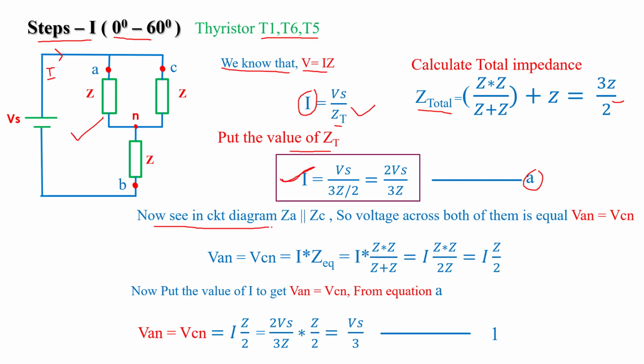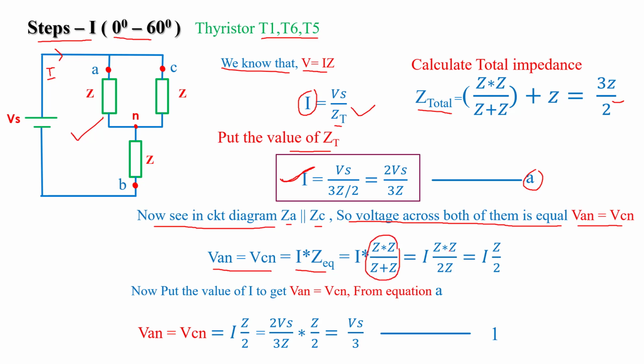Now, in the circuit diagram, phase A and phase C are in parallel. If two components are connected in parallel, the voltage across both components is equal. So VAN equals VCN. Now, how do we calculate VAN? We know that V equals I times Z. Here we calculate Z equivalent because these two impedances are connected in parallel. So I multiplied by Z times Z divided by Z plus Z. This is the parallel impedance.